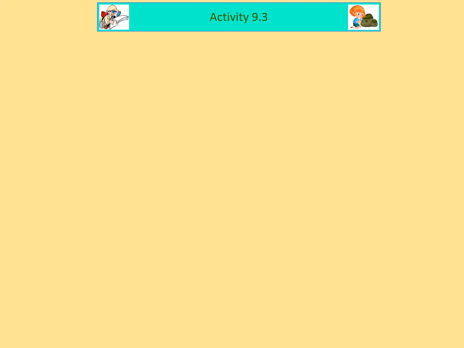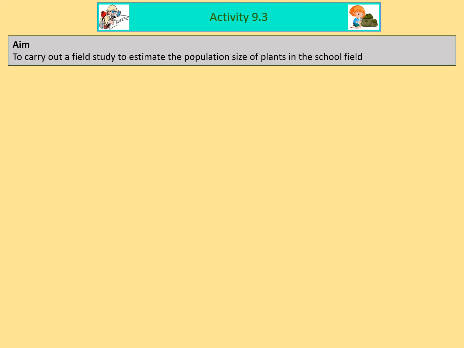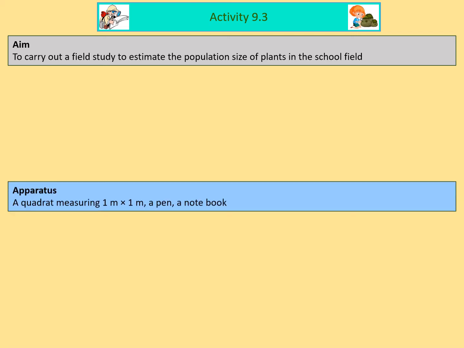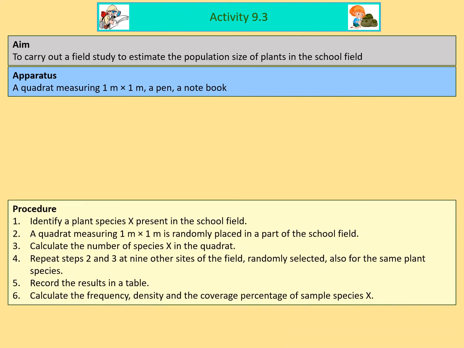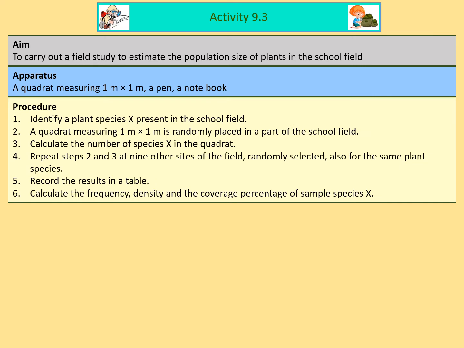Activity 9.3. The aim of this activity is to carry out a field study to estimate the population size of plants in a school field. The apparatus: a quadrat measuring 1 meter by 1 meter, a pen, and a notebook. The procedure: number 1, identify a plant species X present in the school field.